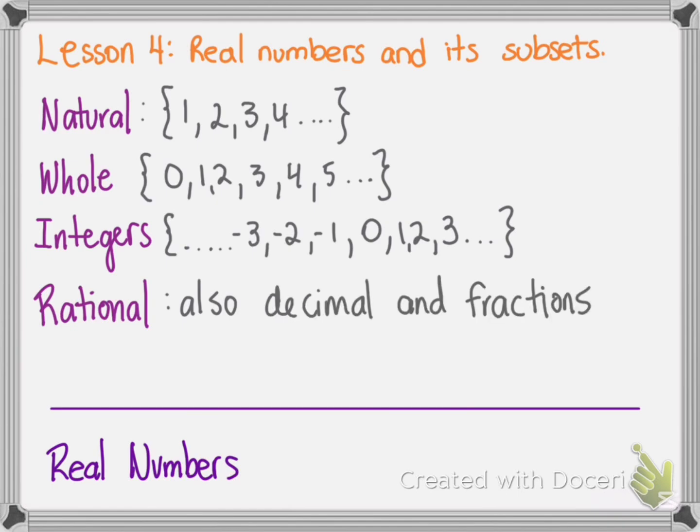What is important to understand is that the naturals are part of the whole numbers, the whole numbers are part of the integers, and the integers are part of the rationals. But the rationals are also a subset or part of a bigger set, which is the real numbers.